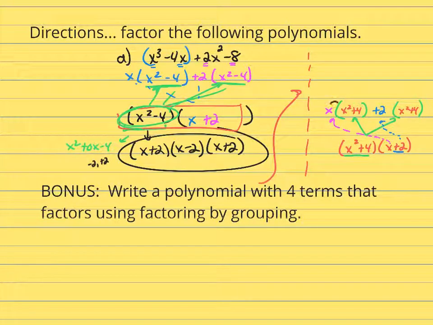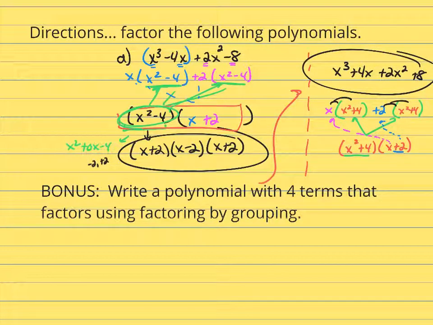So we just have to put them back to get our original problem. So this could be something like x cubed plus 4x plus 2x squared plus 8. And again, that's just one variation, but there are many different answers.